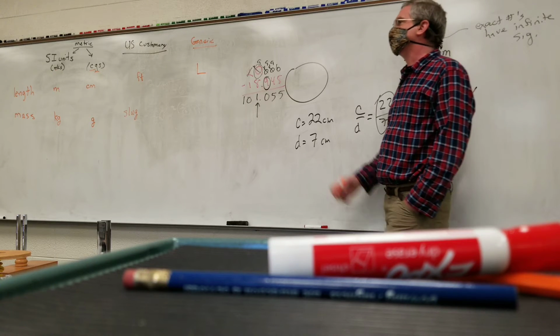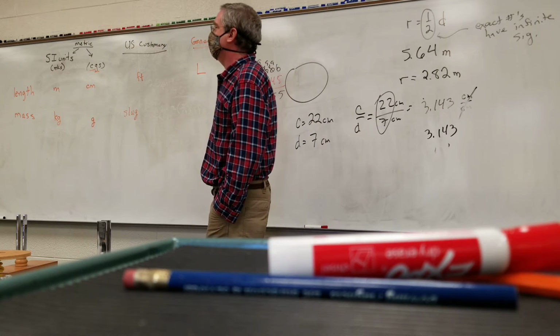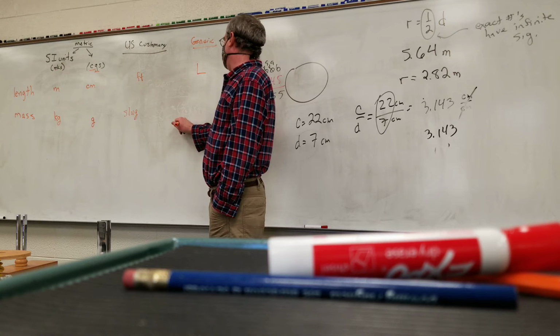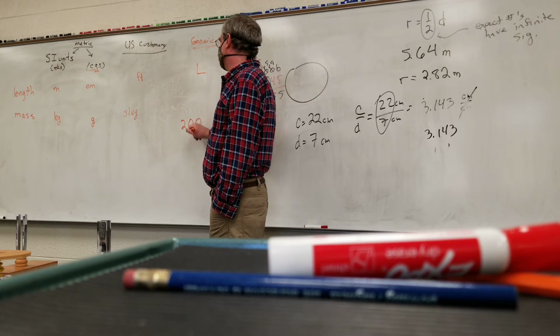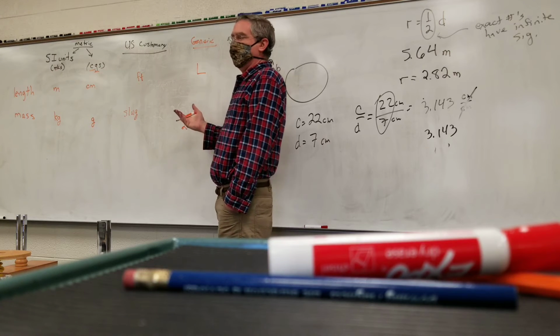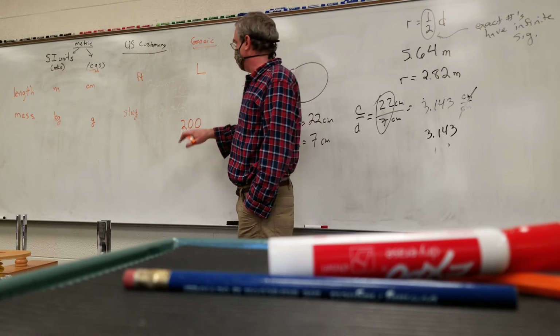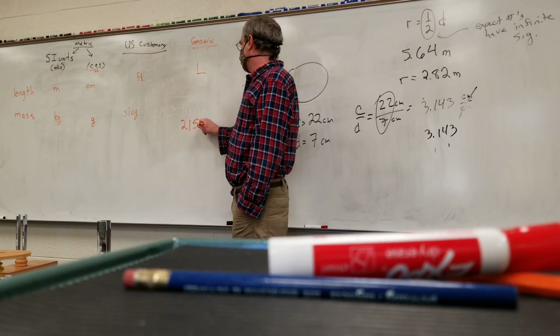But how much does a slug weigh? It depends on where you are. So my weight, I'm more than that, but I'm just dealing with the number. I'm a little bit more than 200 pounds. Let's be slightly more realistic, 215 pounds. That is my weight.